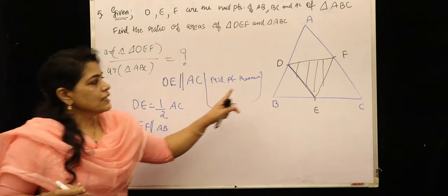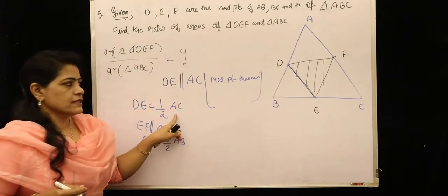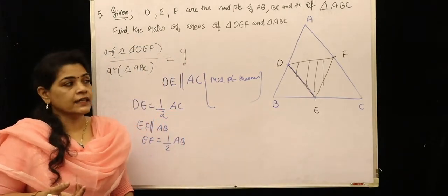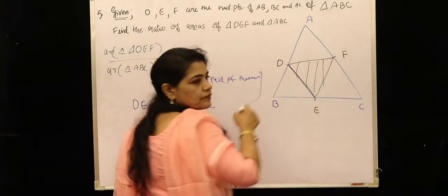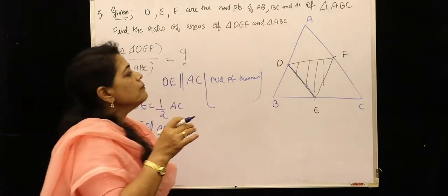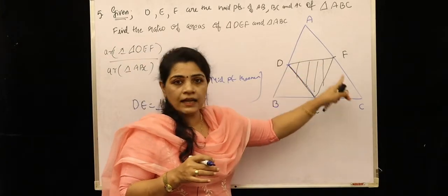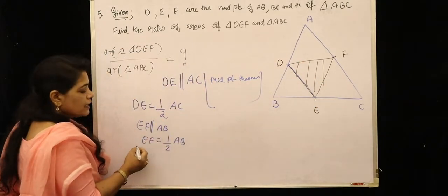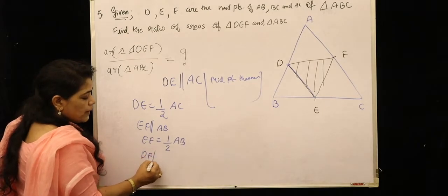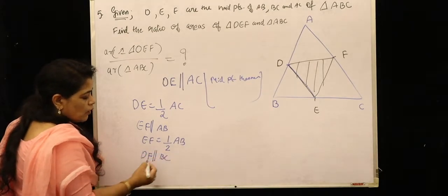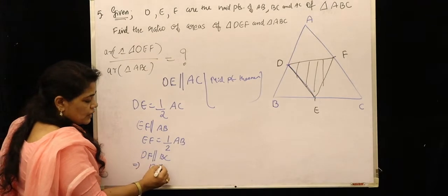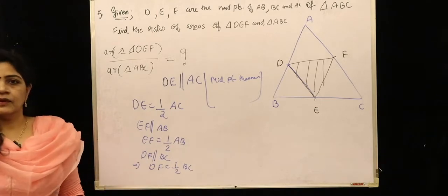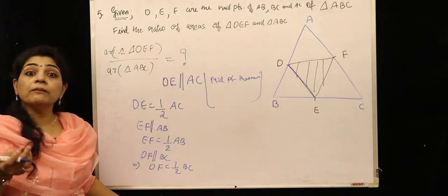Now we have seen that DE is half of AC, EF is half of AB, and we have one more side, DF. The line segment joining the midpoints of the sides AB and AC will be parallel to BC. So DF is parallel to BC, which implies DF equal to half of BC. All these results we got by the midpoint theorem.